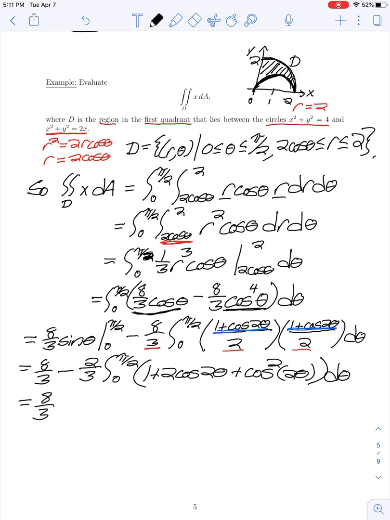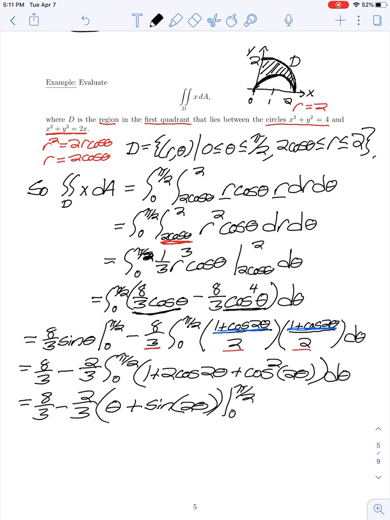So we have 8/3 minus 2/3 of the antiderivative of our first term, which is theta. The antiderivative of the next term gives us a plus sine of 2 theta, and we're evaluating those first two terms from 0 to pi over 2.